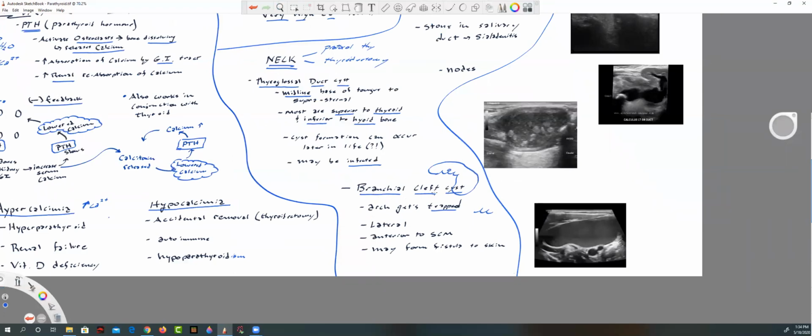The branchial cleft is kind of the same thing, except the arch gets trapped in there, and fluid along with it will get trapped. The branchial clefts are always lateral. If it's actually the first ridge, let's move up a little bit.